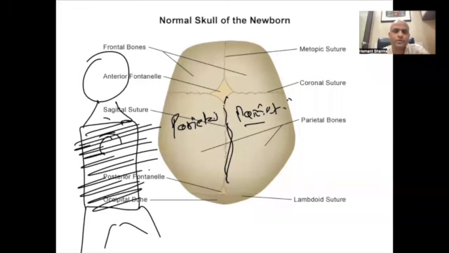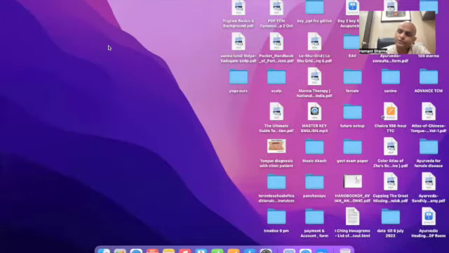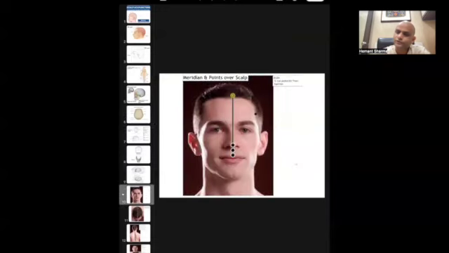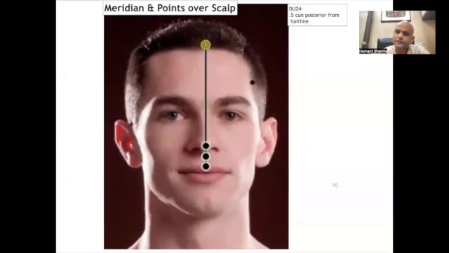Okay. So in that way, suppose this is the midpoint of the eyebrows, and the name of this part is called glabella. Remember, glabella. So I'm writing here so you can see.